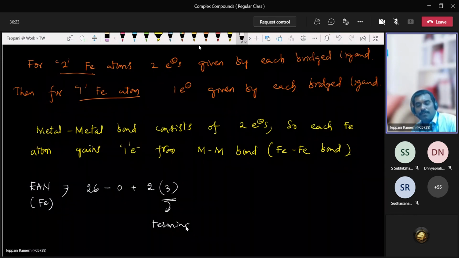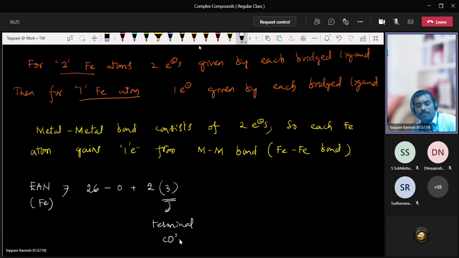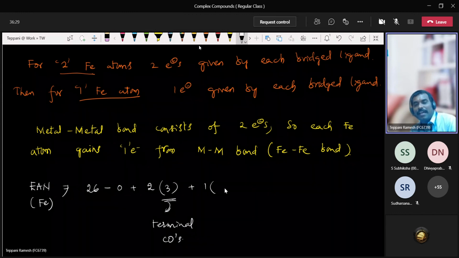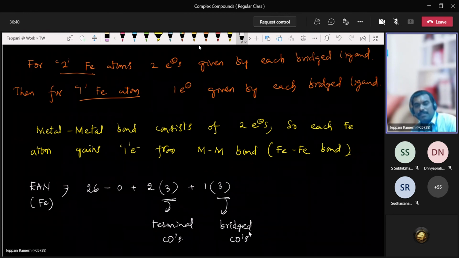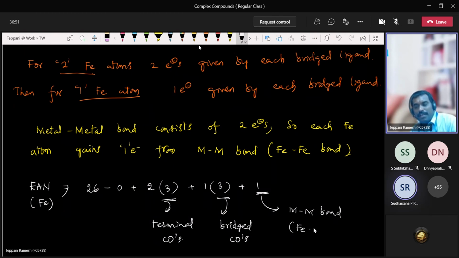These are terminal CO groups, plus 1 electron only given by how many ligands for 1 iron? 3 ligands. These are bridged COs. Then 1 electron gained from the metal bond, or we can also say the iron bond.